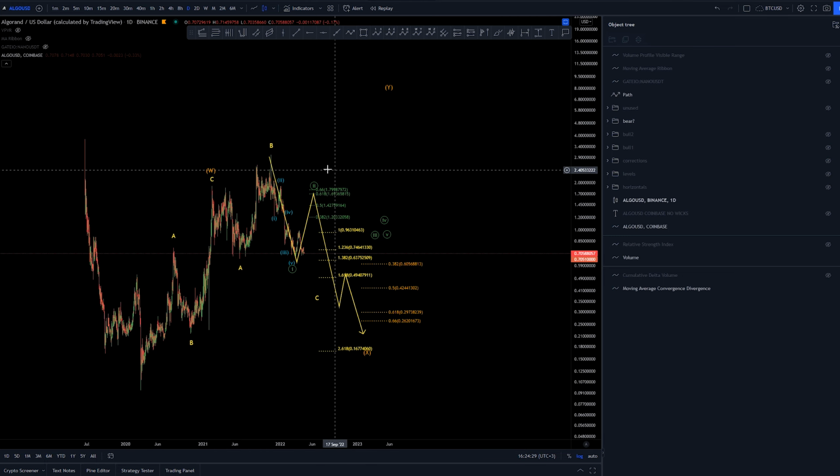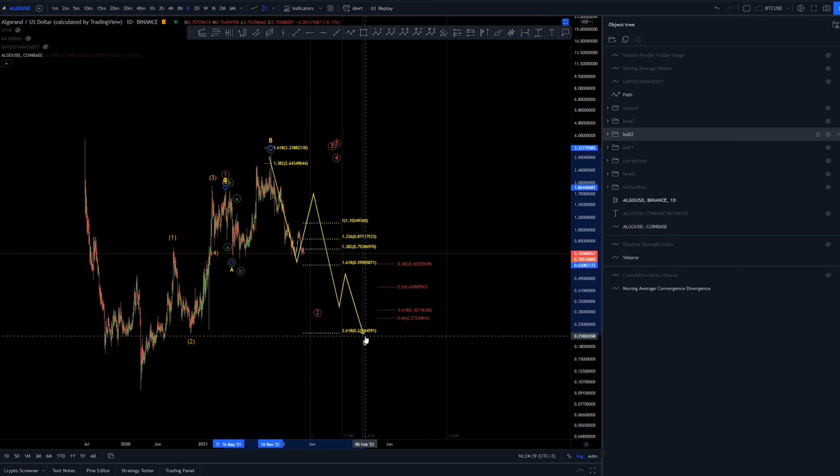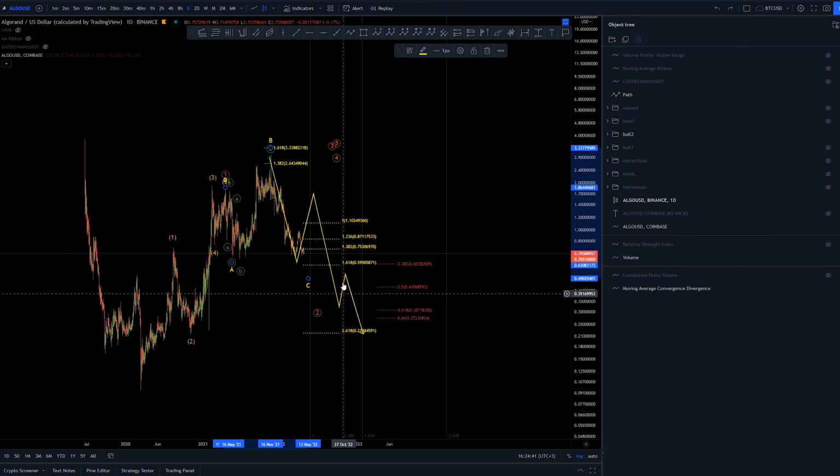Again, this same scenario could be filled with both bull scenarios where the price is coming down. Again, we are expecting wave C here, whether it's down here or just close to being done, I'm not sure.